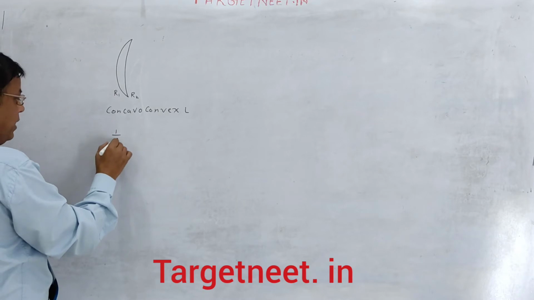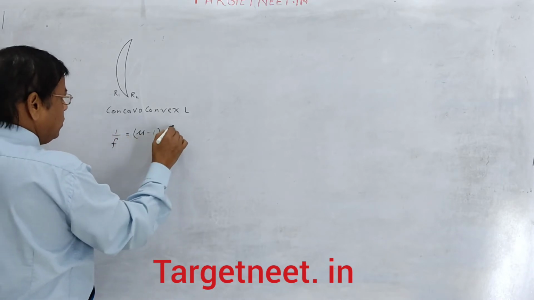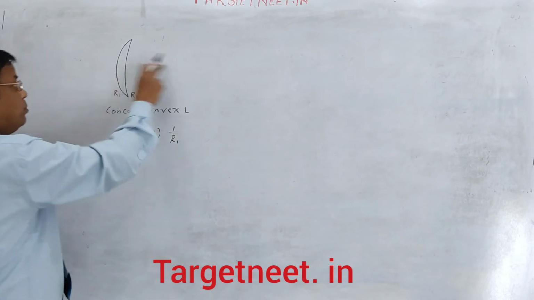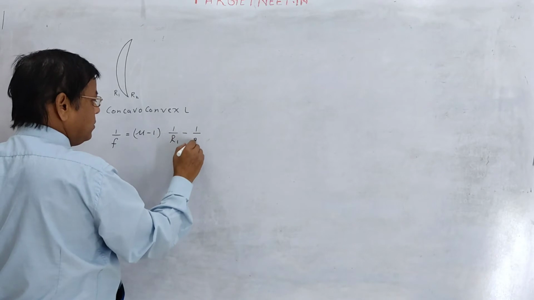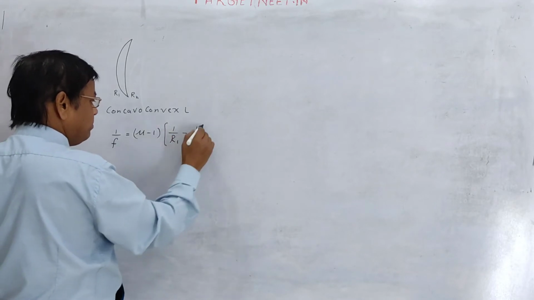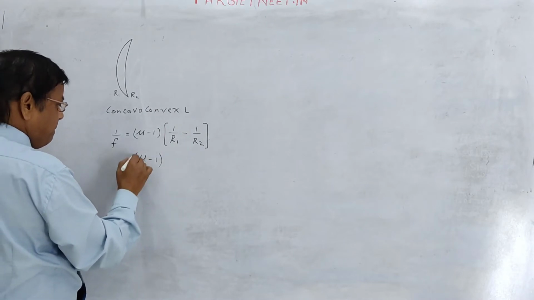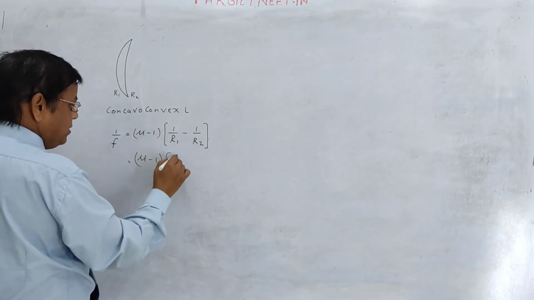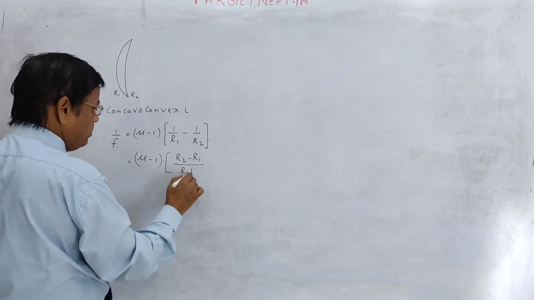So 1 upon f is equal to (mu minus 1) times (1 upon R1, R1 will be positive, minus 1 upon R2, here R2 is also positive). Mu minus 1, if I take the LCM, it is (R2 minus R1) upon R1 R2.